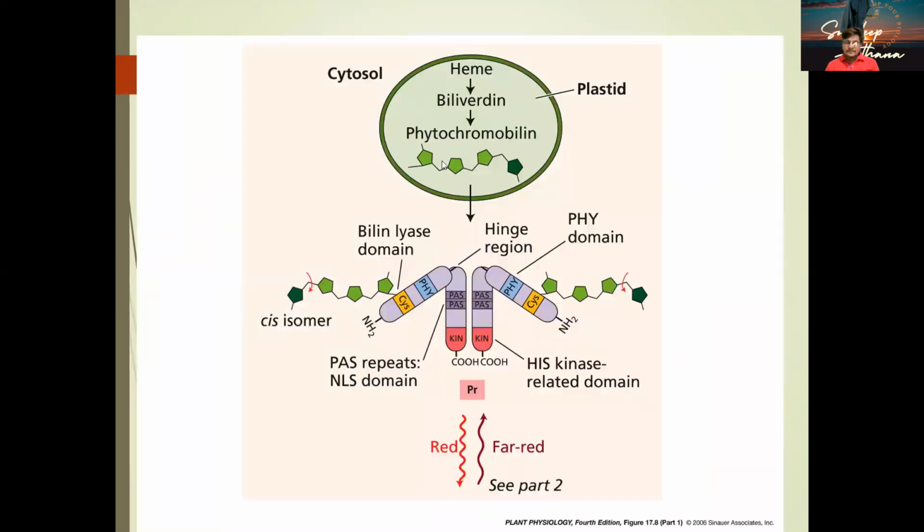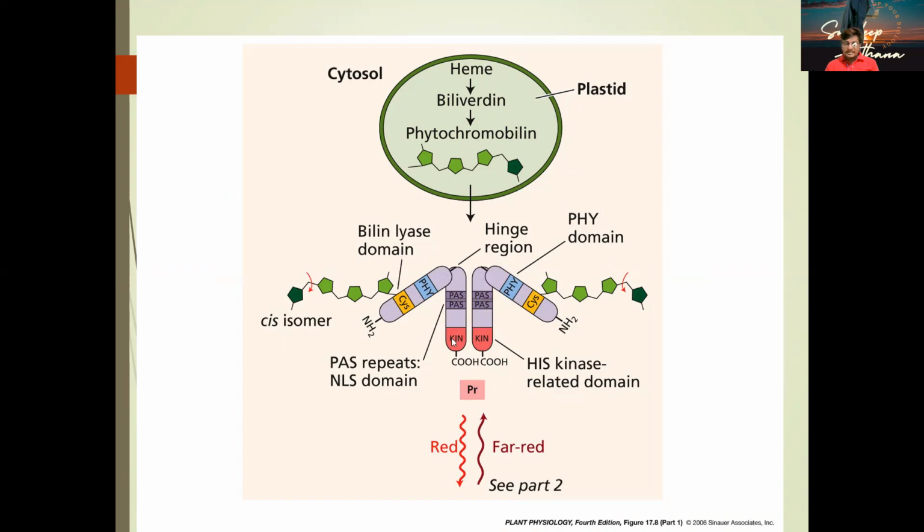Just look at where this phytochromobilin comes from. Heme, which is broken down into biliverdin, which is again found in the serum protein or in the bile. And this is broken down into the phytochromobilin. The structure is such. All these activities happen in the plastid. Again, it will be connected with the protein, and that protein has other activities to be done.